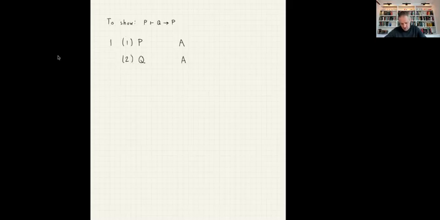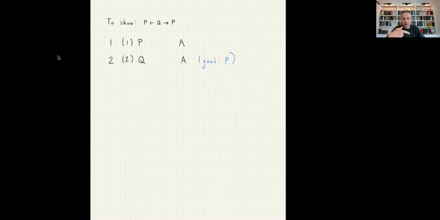So typical strategy, right, is we assume Q, assume the antecedent with the goal of getting the consequent. So the goal here is to get P. But now actually we have P already. We have P on line 1. And you might think, well, we can't use conditional proof, because conditional proof says if you assume something and then get something else, then you can apply conditional proof.